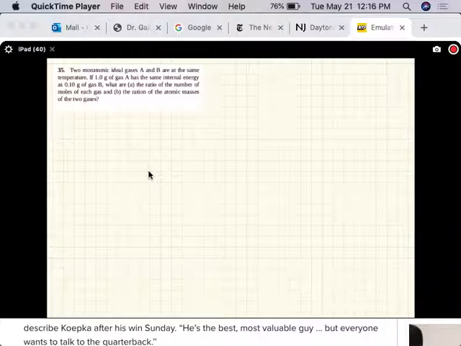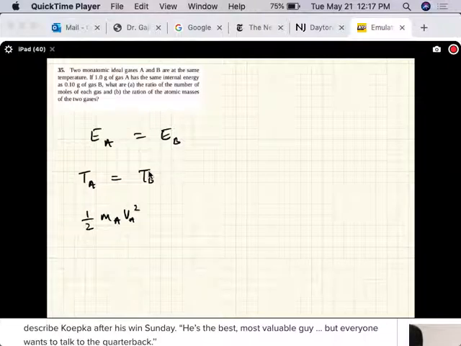Okay, so the energy is the same, and at the same temperature, Ta equal to Tb implies 1/2 mv squared is the same. Since this is a monoatomic ideal gas, they only have kinetic energy.